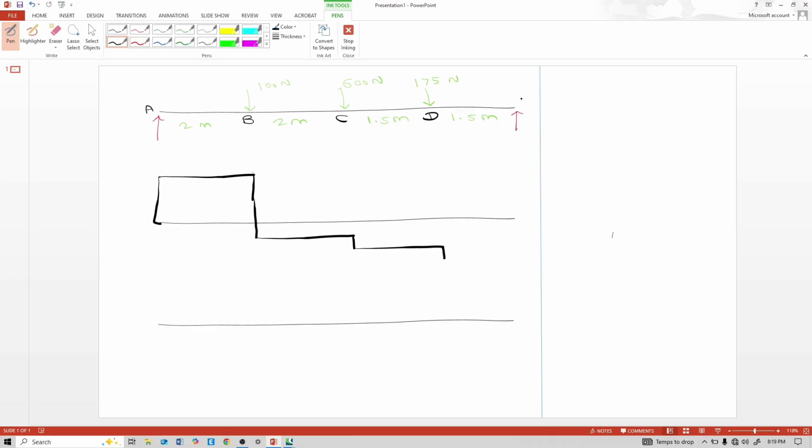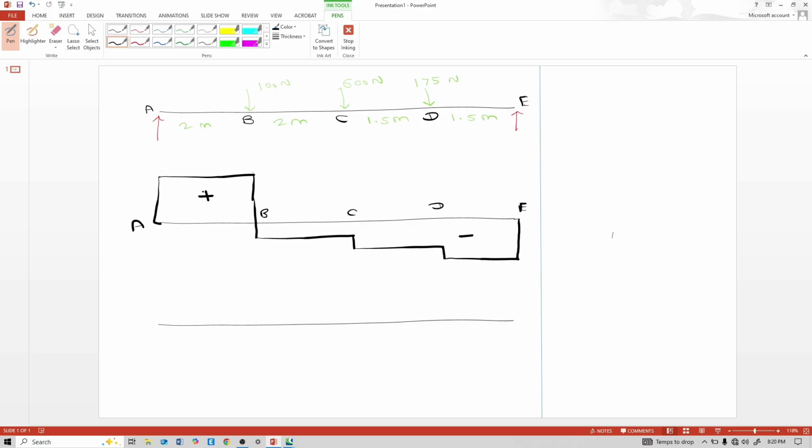Now from point D to E also no load, that means a horizontal line. And at point E this reaction is upward, so here it goes upward. So across points A, B, C, D, E, this is negative shear, this is positive shear.